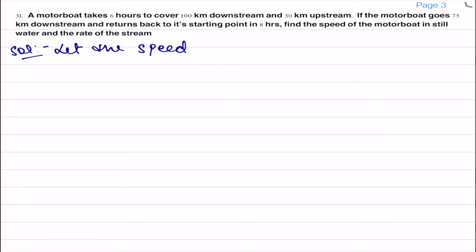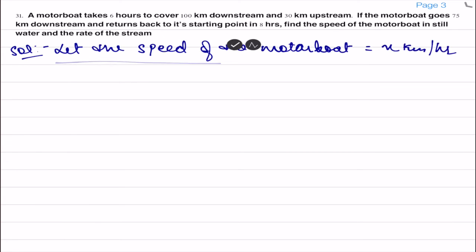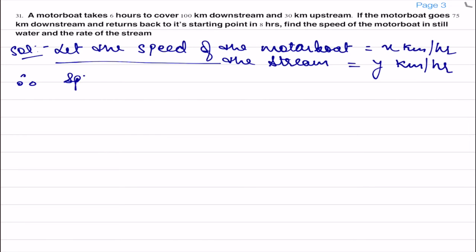Let the speed of the motorboat in still water be x km per hour and the speed of the stream, or you can say the current, be y km per hour. So first of all children, we have to find out the speed in downstream and the speed in upstream.